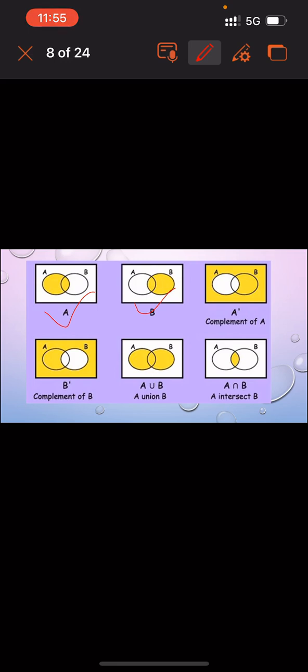That means the yellow part is the complement of A. Here except B, the remaining part is shaded, so this is the complement of B. Here A union B is represented in yellow, that means the full part, A or B. Here this shaded part is the common part, so we represent it with the intersection symbol, A intersection B.